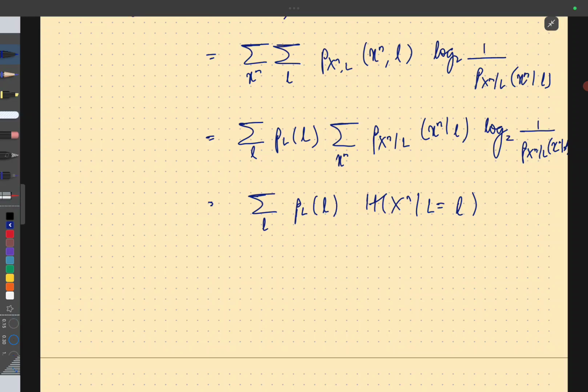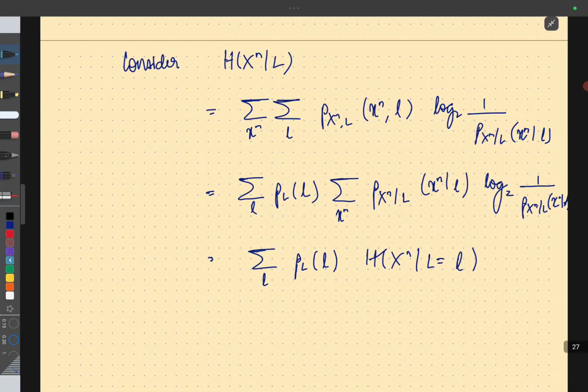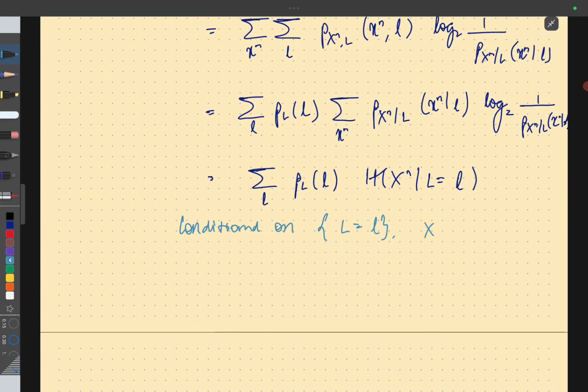So conditioned on the event that L equal to little l, Xn can take at most 2 to the L values. All right. So how large can the entropy of Xn be conditioned on L equal to little l?